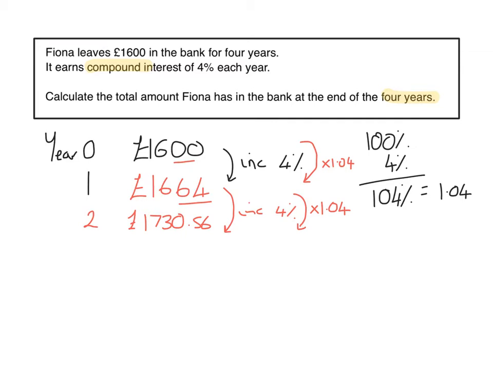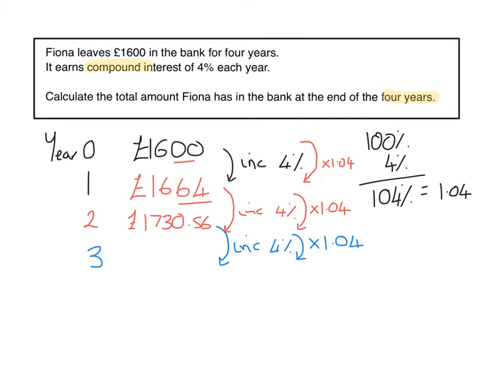Okay, let's have a go for year 3. So again, this time I want to be adding 4% of my new amount, not the original £64. I want to be adding 4% of my new £1,730.56. So it's going to be increasing by 4% again, which is the same as saying timesing by 1.04.